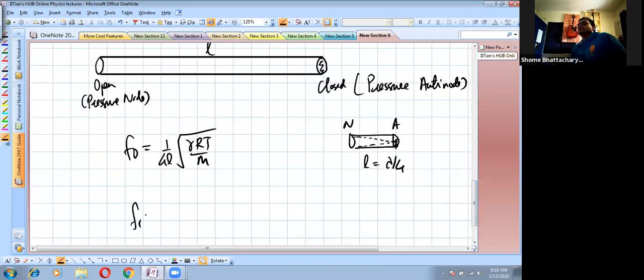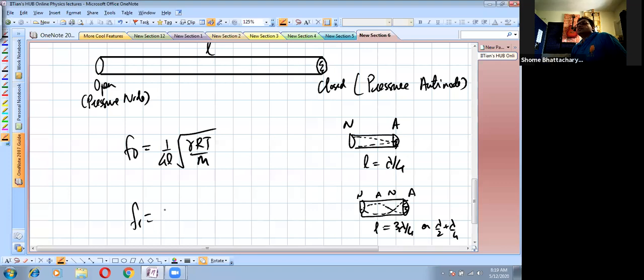First overtone is a situation where something like this. L becomes 3 lambda by 4 or lambda by 2 plus lambda by 4.